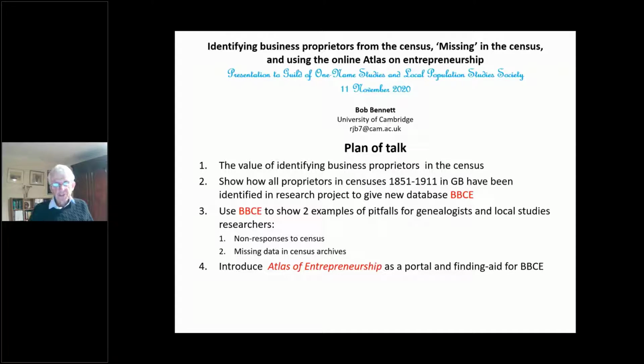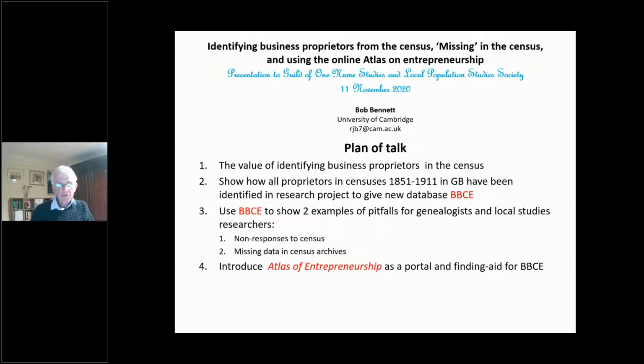And the census was always fascinating, and you will all, I think, have looked at census records and be aware of the fact that they often tell you something about business proprietors. And it occurred to me that once the digital records of the census were available, it was possible to do something quite interesting with these.